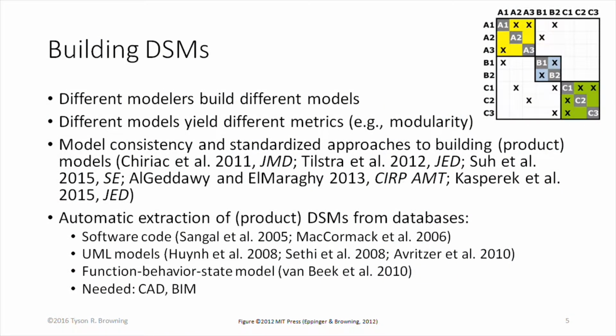And then you might make different choices about how far to decompose. Do you stop with 10 major subsystems and build a 10 by 10 DSM, or do you build a 1,000 by 1,000 DSM of much, much smaller granular components? These are modeling choices that get made. And the question is, how do we make those choices? Is there some systematic way to do it?